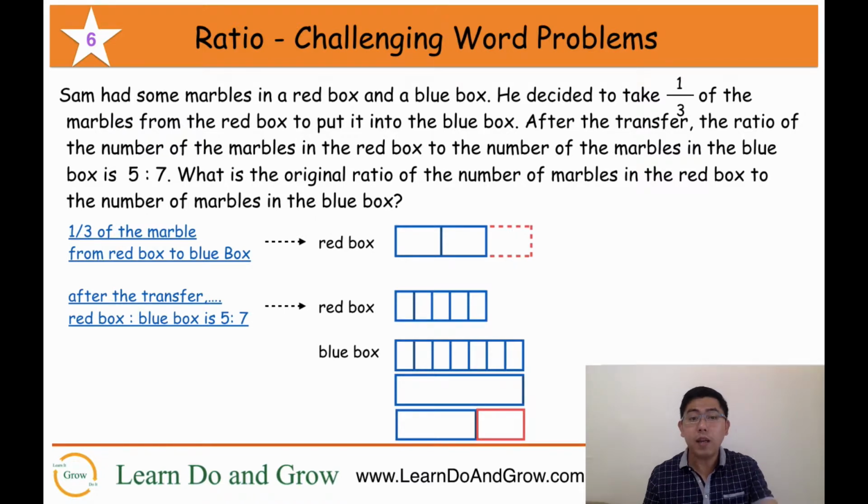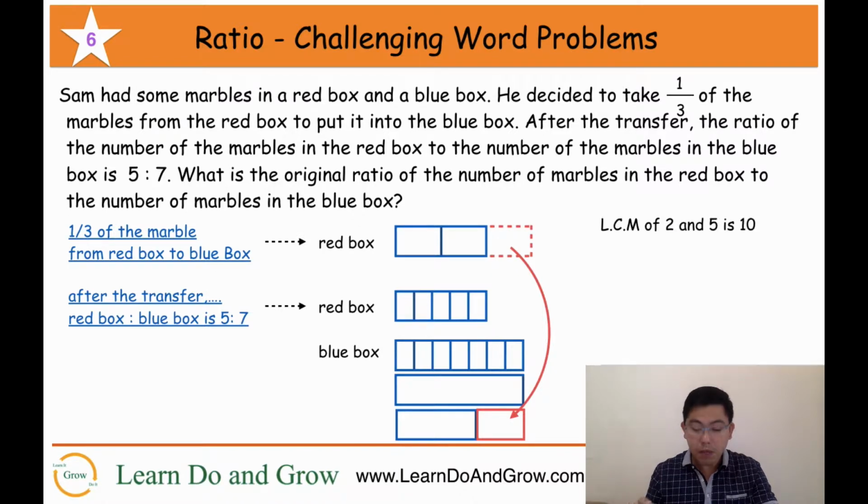Again, we still cannot compare, and we need to find the standardized units between case 1 and case 2. How are we going to do that? Normally, I teach my students to do this. We need to look for the lowest common multiple of 2 and 5, which is 10. Why do I do that?